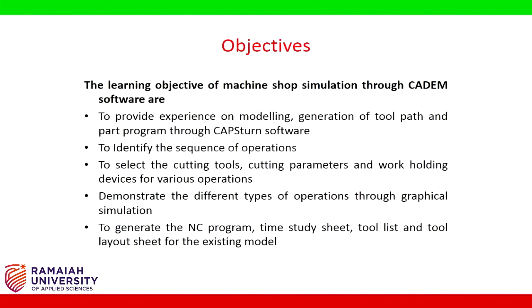The learning objectives of the Machine Shop Simulation Lab through CAPSturn software are to provide experience on modeling, generation of tool path and part program through CAPSturn software, to identify the sequence of operations, to select the cutting tools, cutting parameters and work holding devices for various operations, demonstrate the different types of operations through graphical simulation, and to generate the NC program, time study sheet, tool list and tool layout sheet for the existing model.